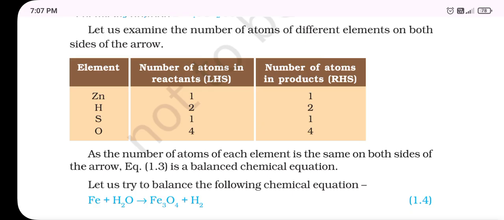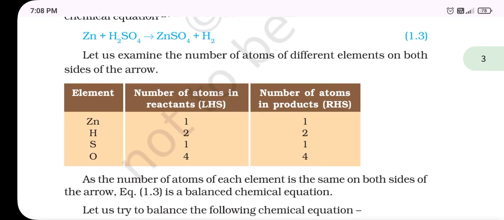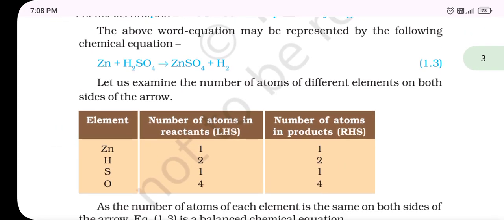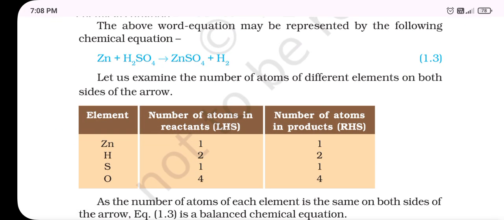The elements are zinc, hydrogen, sulfur, and oxygen. The number of atoms in the reactants, the LHS, for zinc is 1. In activity 1.3 zinc is 1 on the reactant side, and on the product side zinc is 1, so that is balanced.